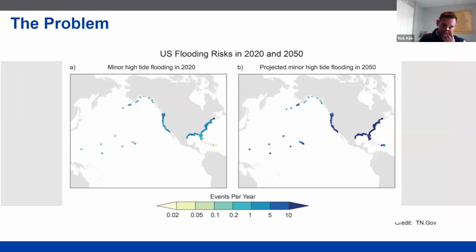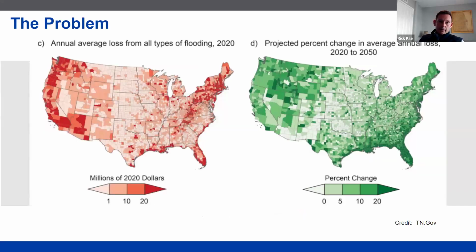You can see this infographic here, U.S. flooding risk in 2020, so 4 years ago, and how this is projected to increase by 2050, just in terms of the number of events per year. The affected areas are about the same, but the timing and the frequency at which we're going to see these events is continuing to increase. I think we're already seeing the effects of that right now.